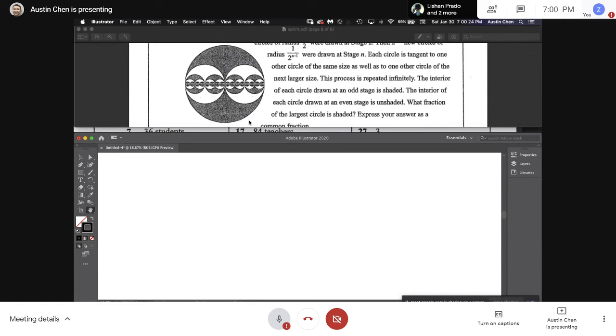We want to find what fraction of the largest circle is shaded. This might seem complicated at first, but you can just make an infinite geometric series for the shaded area, and then use the geometric series sum formula.